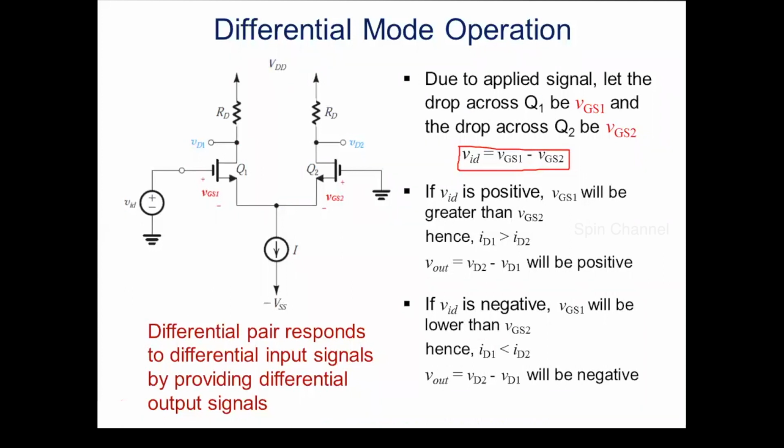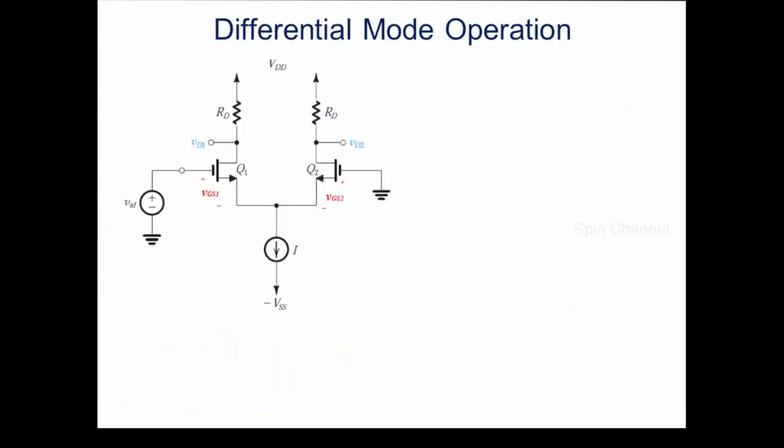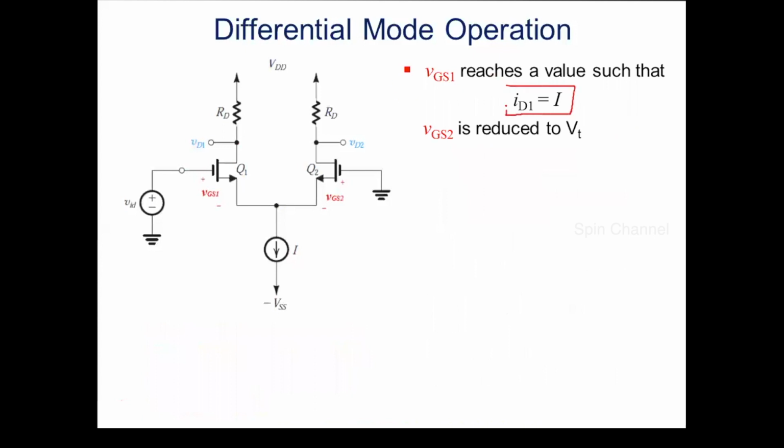For the purpose of finding the differential input that allows maximum current to flow in Q1, let us first assume that the entire current applied through the current source will flow through the transistor Q1. So ID1 is assumed to be I. And in that case, VGS2 will take a value equal to VT.